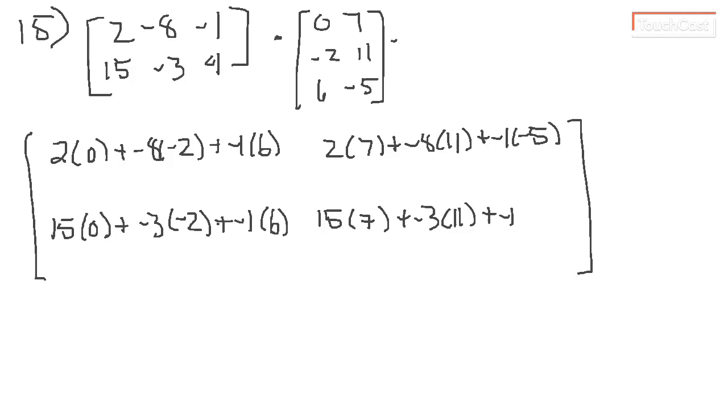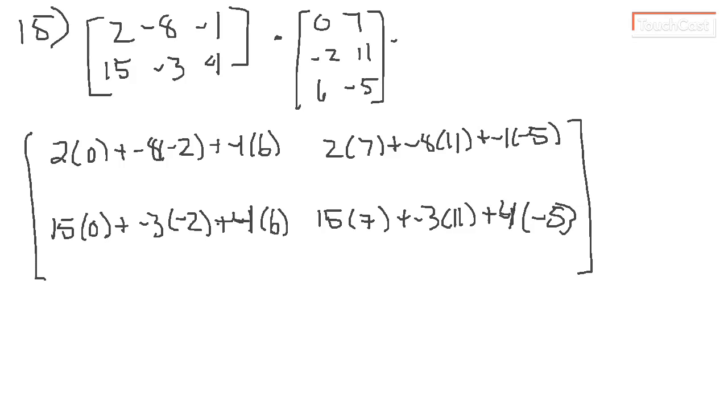Oh, I made one mistake. In this second row, the very third thing, it's not negative 1 times 6, it's 4 times 6. And then the last part of this last element is 4 times negative 5.